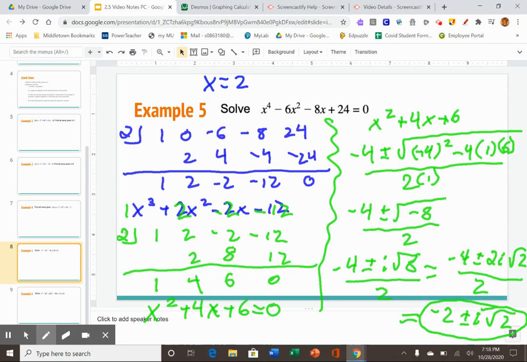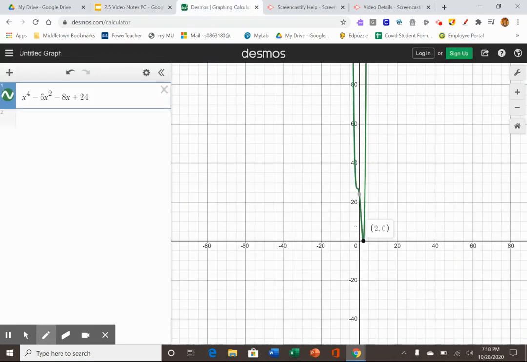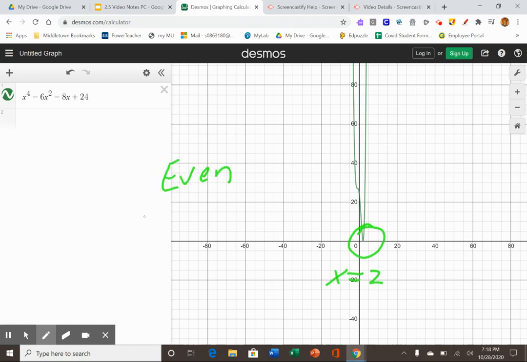We have imaginary roots. Now remember, if we go back to Desmos, this was the 0 we were talking about right here at x equals 2. Remember, that means since we have to use it twice, there was an even multiplicity at that 0.